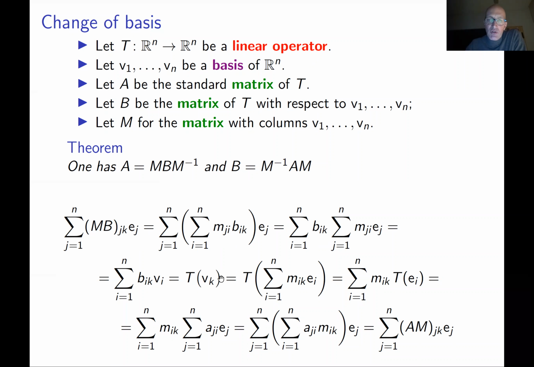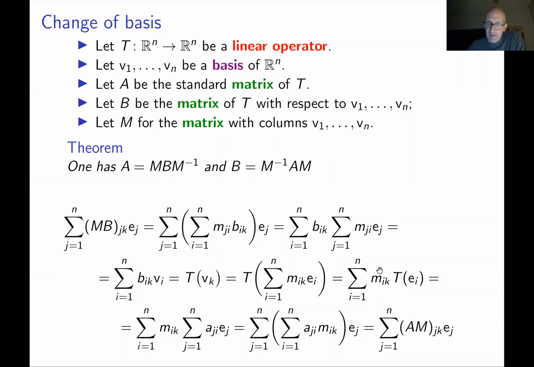On the other hand, you can proceed in a different way. You can express our original vector vk in terms of vectors e1, ..., en before we apply our operator T, like this. We do the same thing we did here, but before applying T. And then you apply T, and you use the fact that T is linear.